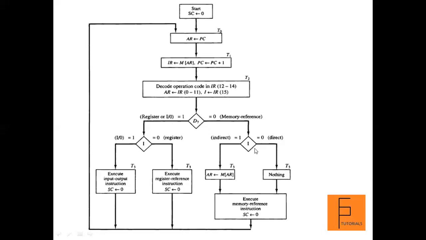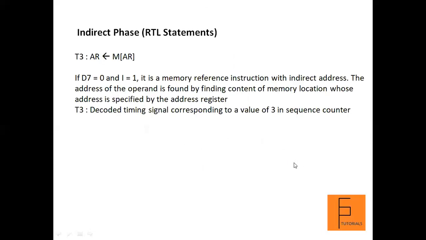Now I'll have to check what kind of memory reference instruction it is. Is it using direct addressing or indirect addressing? This indirect phase, like I told you, is optional, where you carry out the micro operation of transferring the content of the memory location denoted by the address register to the address register itself.